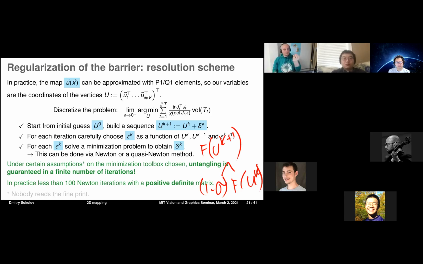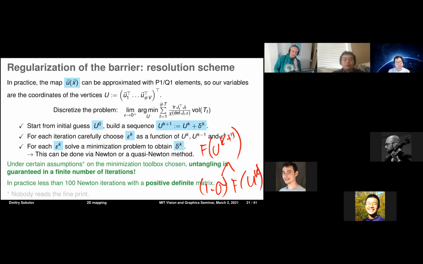If you are in a local minimum at some iteration k, at iteration k plus 1 you are not anymore in a local minimum, because it increases. You change the steepness of the function when you decrease the epsilon.